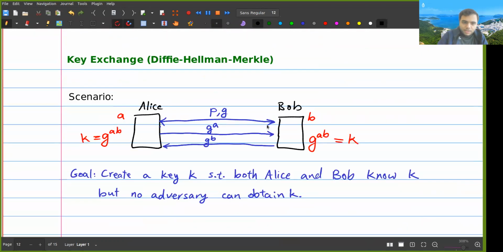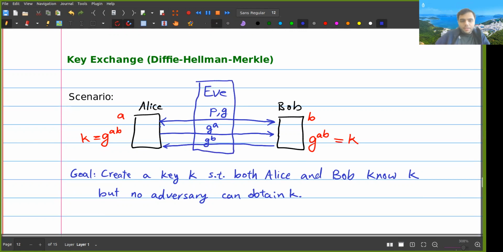So let's see what someone who's trying to attack this protocol might do. Suppose that I have some person Eve here who is seeing everything that is happening on the channel. And let's say that Eve now wants to figure out what K is, right? So Eve is seeing G to the power of A. So the question that we should answer is, if we know G to the power of A, can we compute A itself?